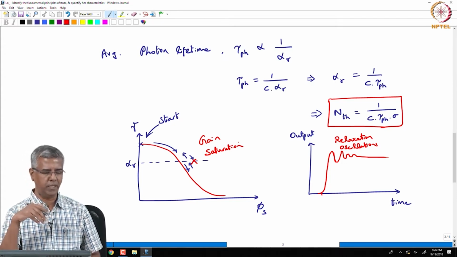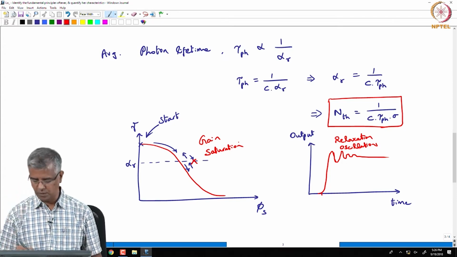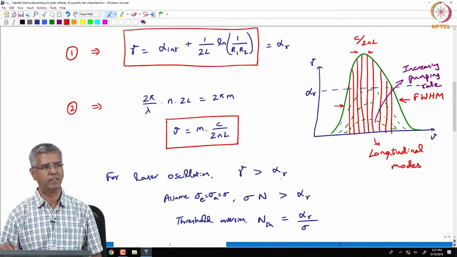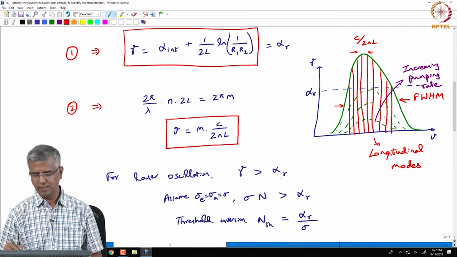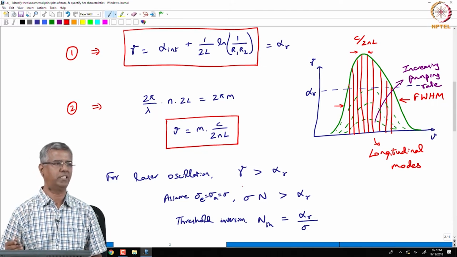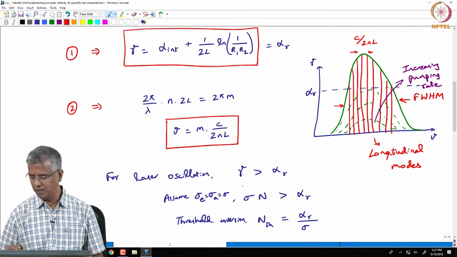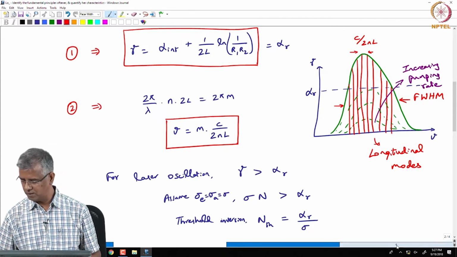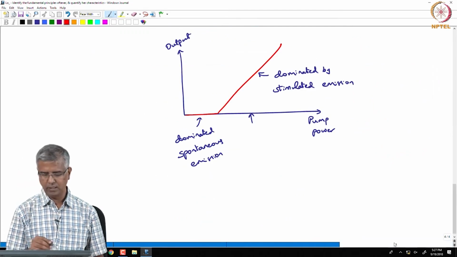So when we were talking about gain has to be greater than alpha r, that gain has to now account for the saturation as well. Okay. So now I need to modify this expression a little bit. So how do I modify that?